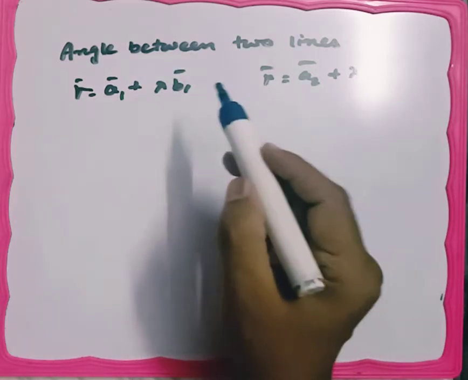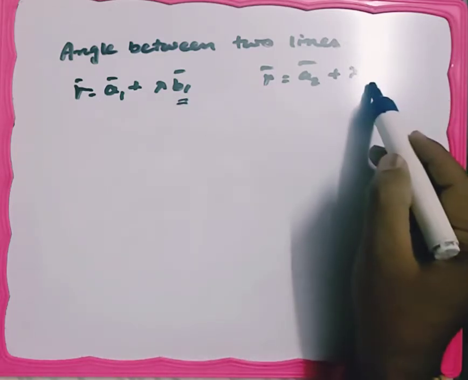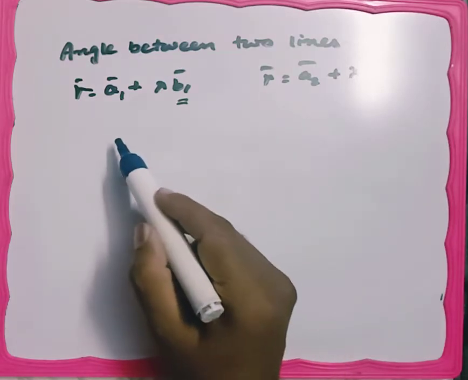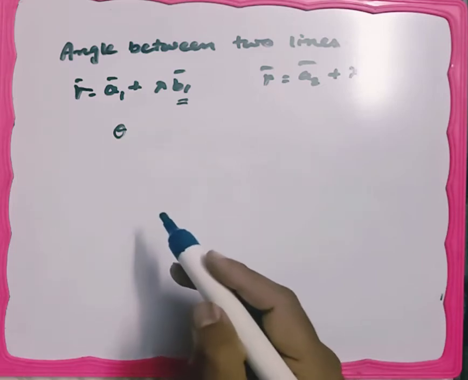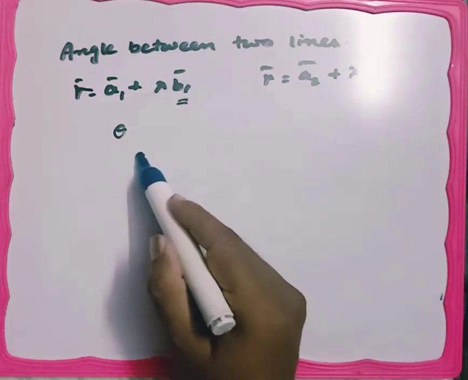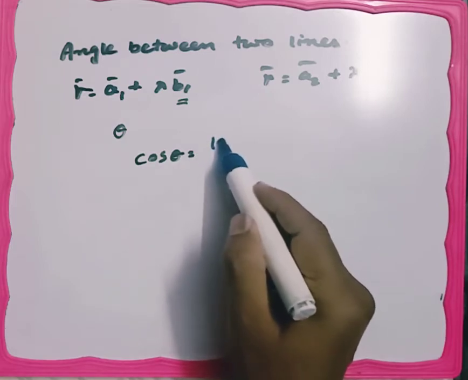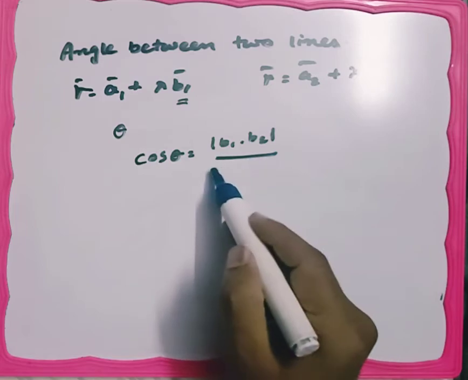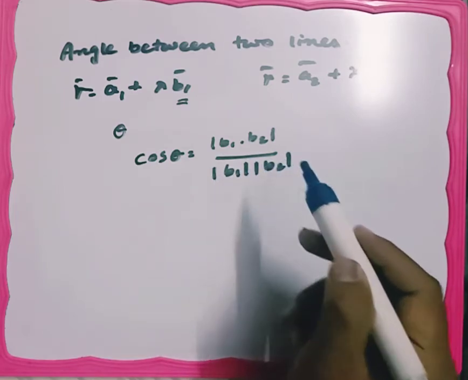Then the first line has direction b1 bar and the second line has direction b2 bar. And so if the angle between the two lines is theta, then its value will be given by cos theta equals b1 dot b2 upon magnitude b1 times magnitude b2.